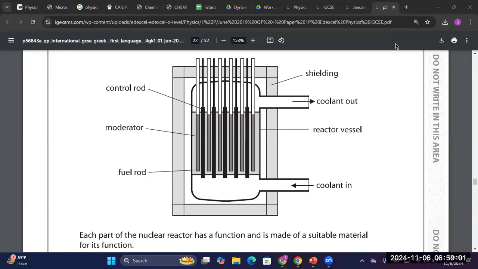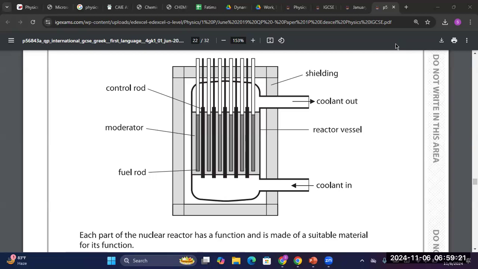If you remember what reaction happens in nuclear power stations, nuclear fission, right? And in nuclear fission, when it happens, the uranium particles break down to give you your uranium nucleus, right?